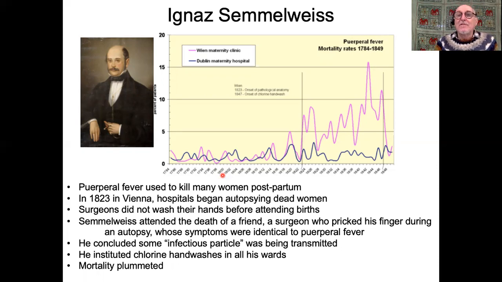And fever of childbirth was actually due to a bacterium, a streptococcus called Streptococcus pyogenes, which could infect a woman's reproductive organs, first of all the vagina, cervix, and then the uterus, and then spread to the rest of the body and cause a fatal sepsis.